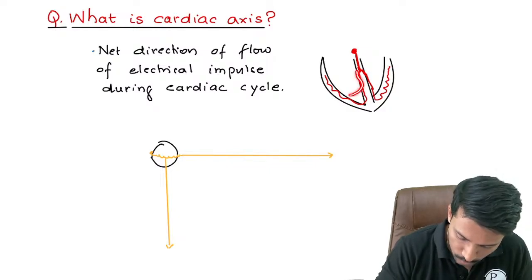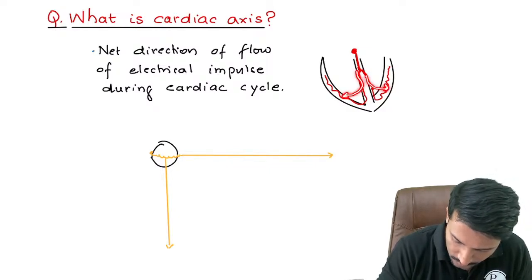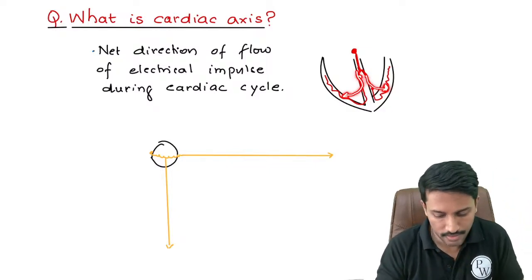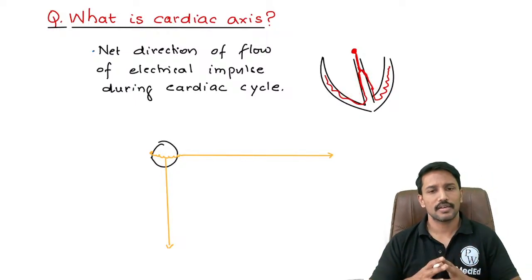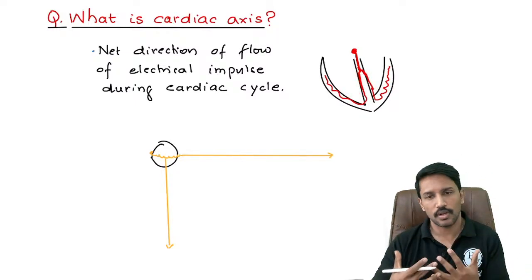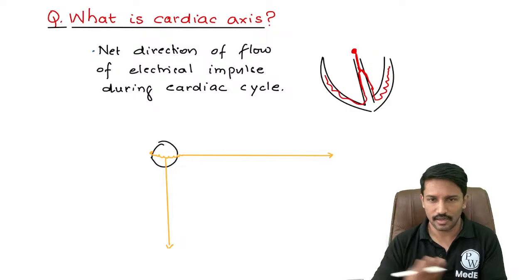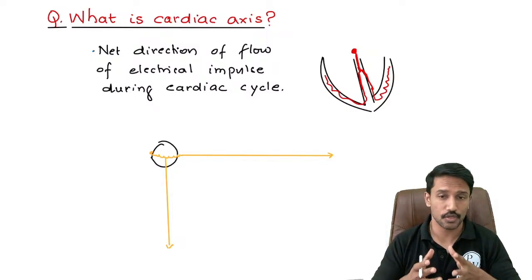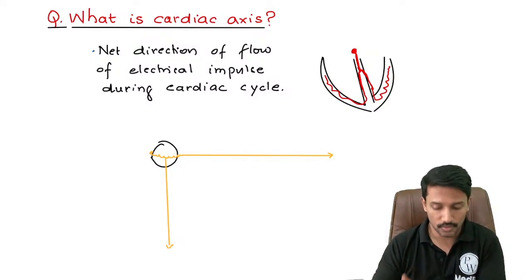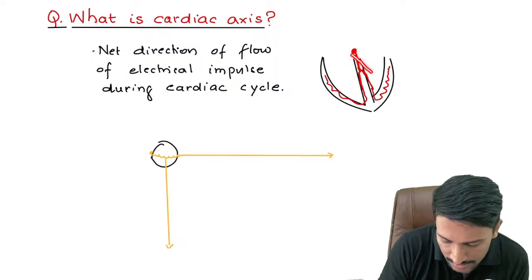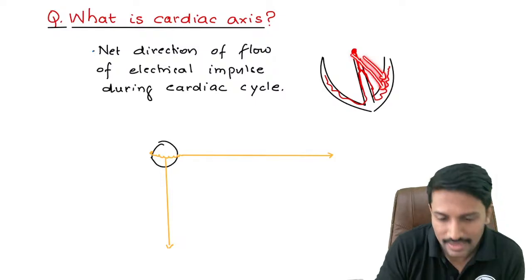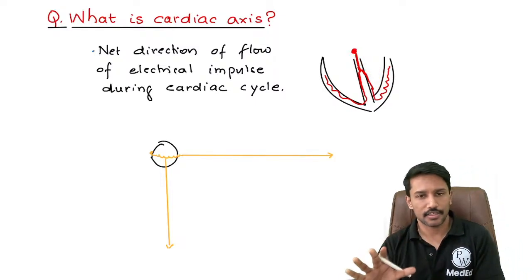So when electricity is moving into the right ventricle, into the left ventricle, what is the net vector? Now we all understand that the left ventricle is the most muscular chamber of the heart, right? If you have cut the heart during the dissection and you have seen it, we know that the left ventricle is most muscular. So generally the direction is more towards the left ventricle. That is the net direction of flow.